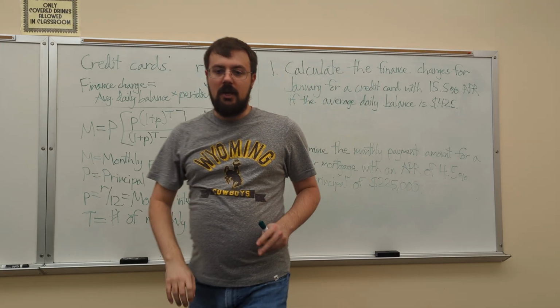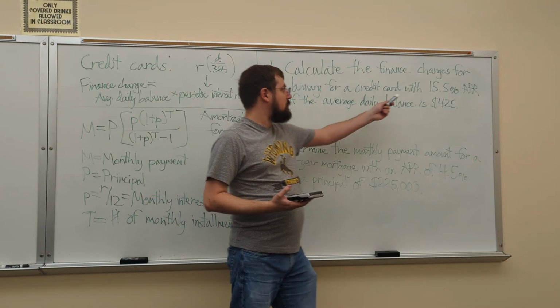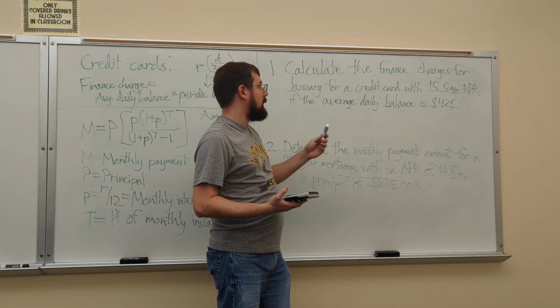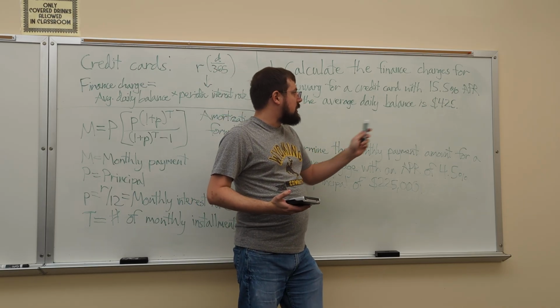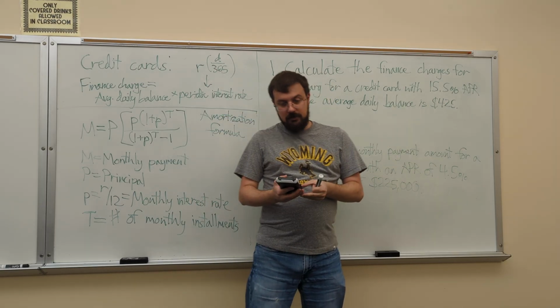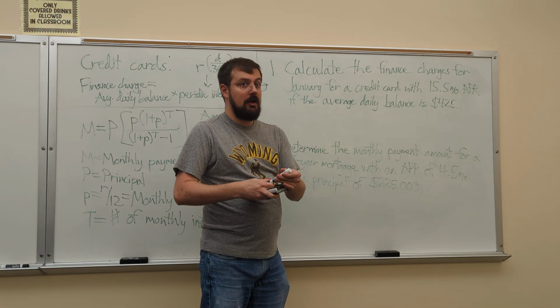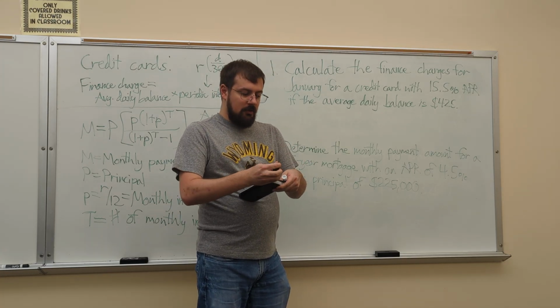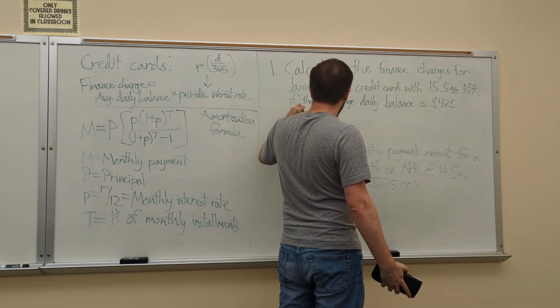So let's look at an example of this. Let's say we have a credit card that has a 15.5% APR, and we want to calculate the finance charges for the month of January with an average daily balance of $425. The first step here is going to be to calculate our periodic interest rate. We'll just call this lowercase p.